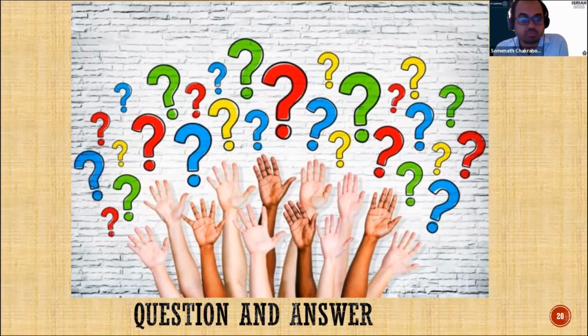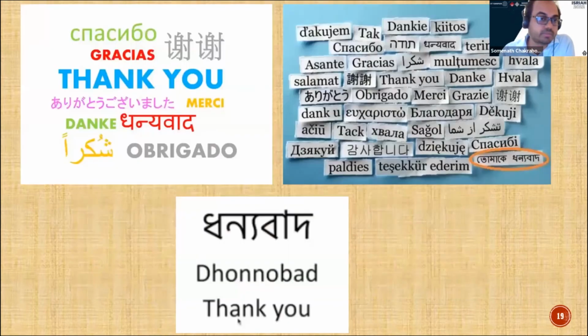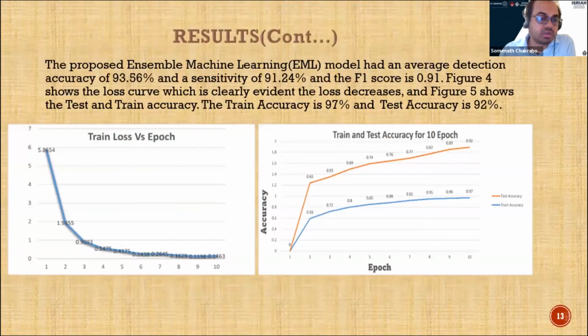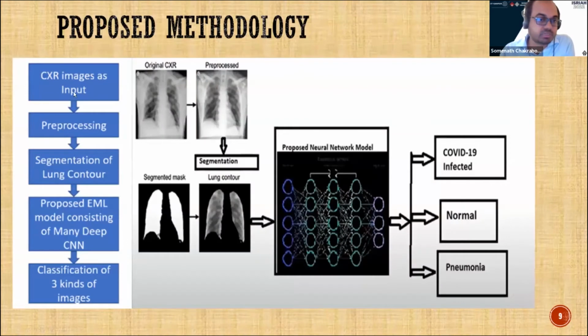Yes. As I showed already, I have many other publications, but I am showing this research only. This research is fully based on X-ray images, which are real radiological data marked by the radiologist: which one is normal, which one is COVID positive.